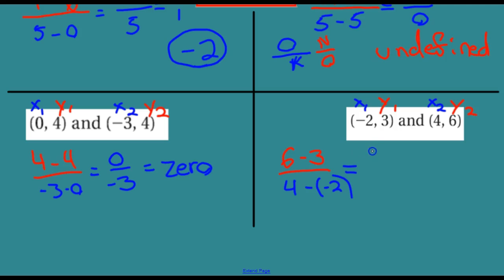Now 6 minus 3 is 3, but 4 minus a negative 2, well, we can take that, because we have two negatives in a row, and make it a positive, so it's 4 plus 2. So 4 plus 2 is 6. Then we can take 3 out of both of these and get 1 over 2.